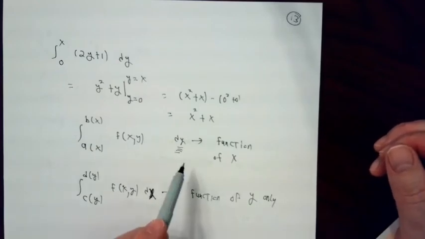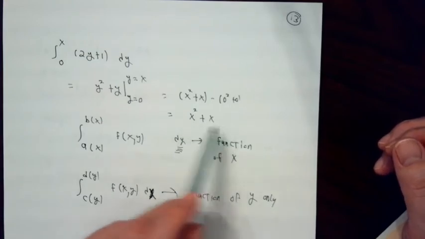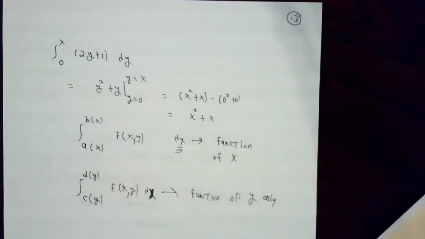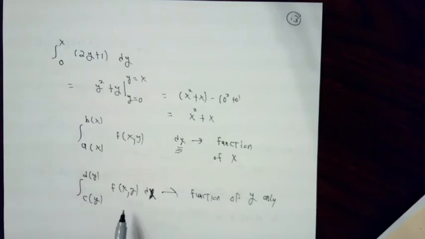I'm integrating with respect to y, then what comes out, generally speaking, will be some function of x. Likewise, if you integrate from some function of y to some other function of y, some integrand f of x and y, integrated with respect to x, what comes out is a function of y only.